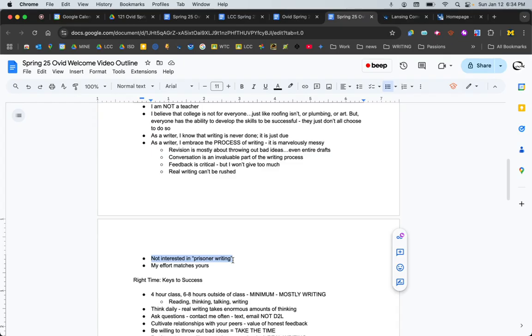And what he meant is what you felt as you wrote is what the reader will feel as the reader reads. And a lot of times when I'm reading essays that students have written, students that don't want to be in the class, that don't want to write, that's what it feels like. I'm reading the writing of someone who is a prisoner, and I'm just not interested in it.